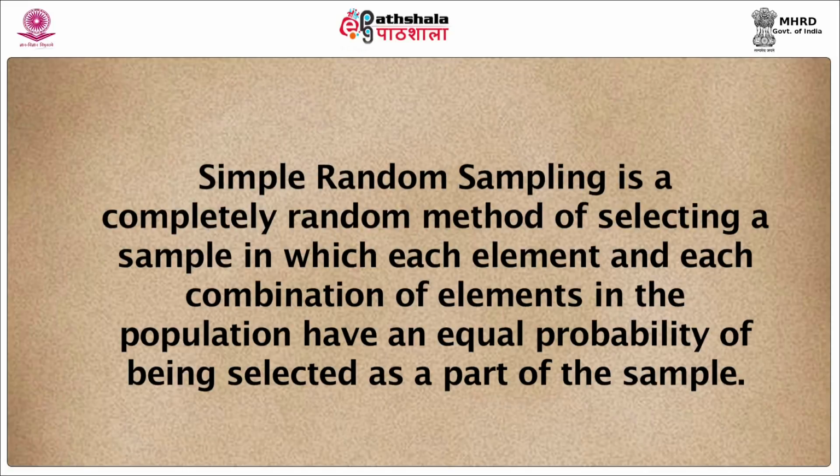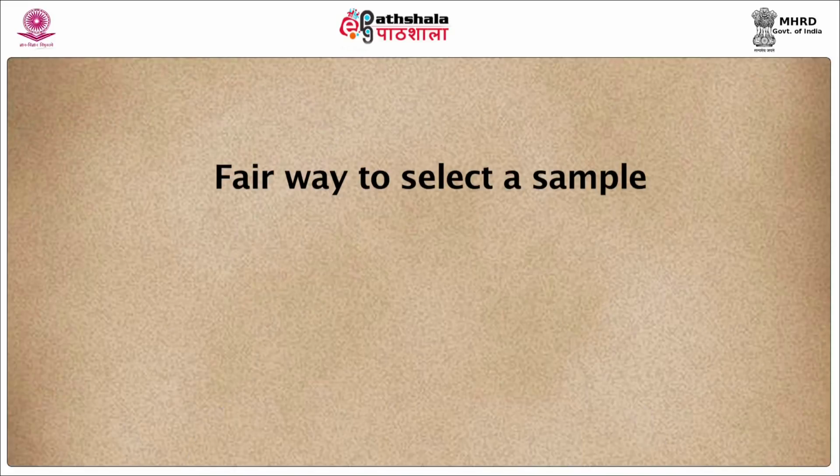Simple random sampling is a complete random method of selecting a sample in which each element and each combination of elements in the population have an equal probability of being selected as a part of the sample. It is one of the simplest forms of random sampling and a fair way to select a sample.